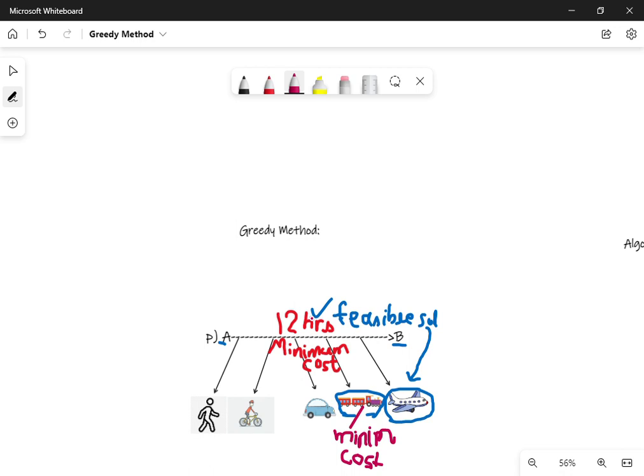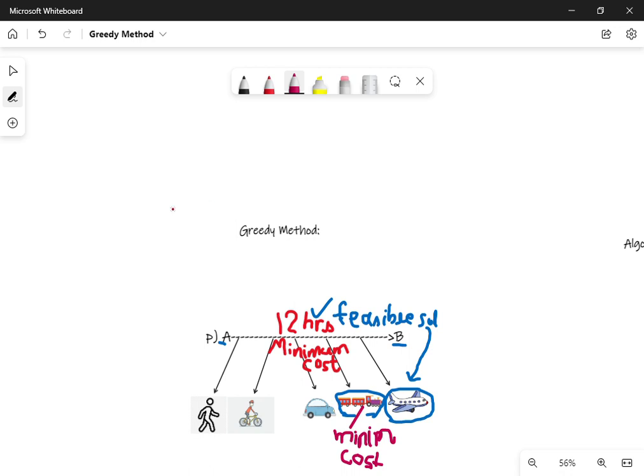We should travel in 12 hours from point A to point B, so we can travel through train or through plane. So train is feasible also. And our second condition is that a person should consume minimum cost traveling from point A to point B. By train, we consume minimum cost. So the train is our optimal solution.